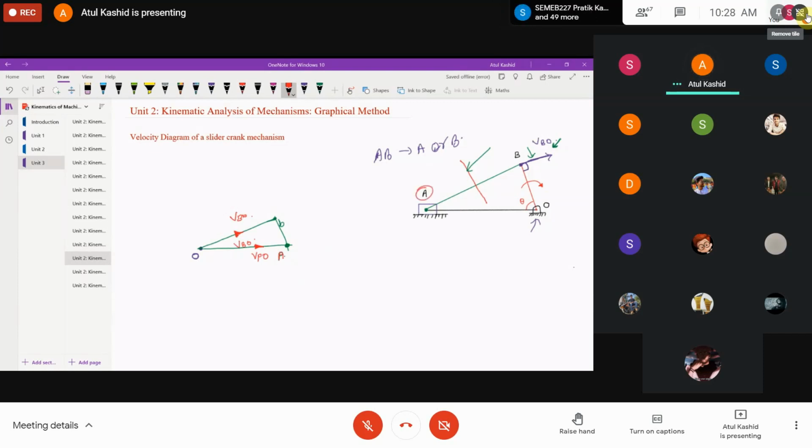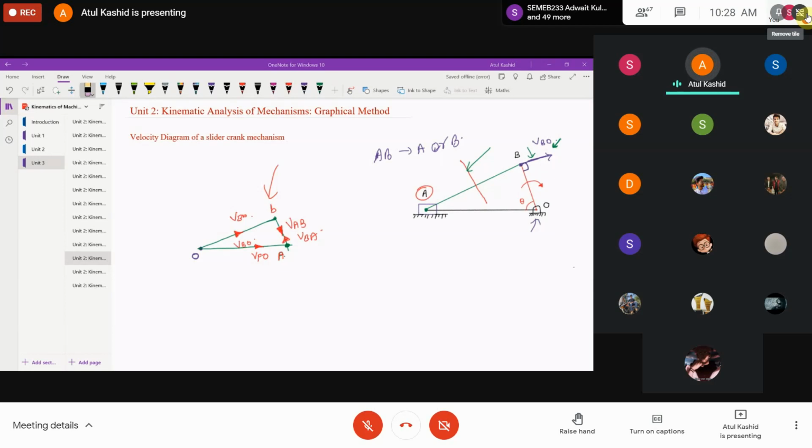And then this was our point B. I will erase this. So if I draw an arrow like this, it is pointing towards the point A. So this will be velocity of A with respect to B. Or if it is pointing in the upward direction, it will be velocity of B with respect to A, right? So this is the simple velocity diagram for the slider crank mechanism.